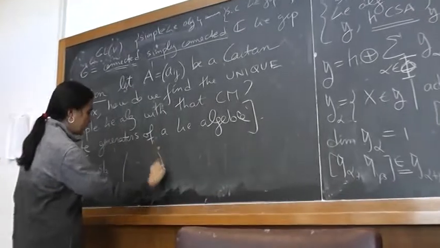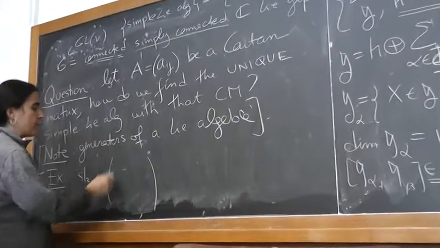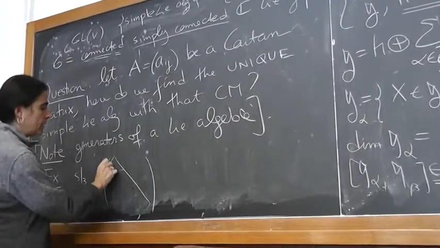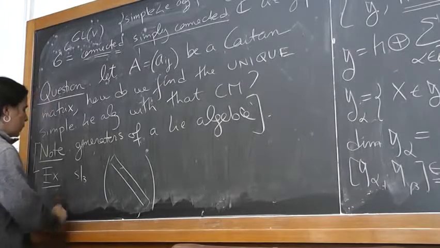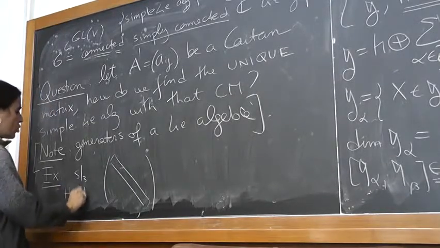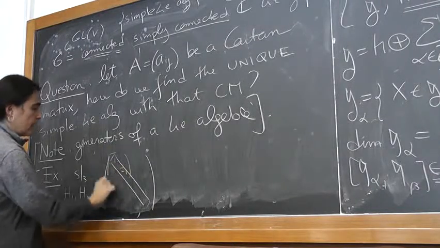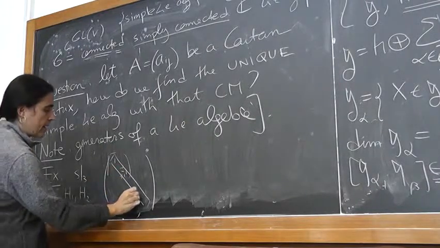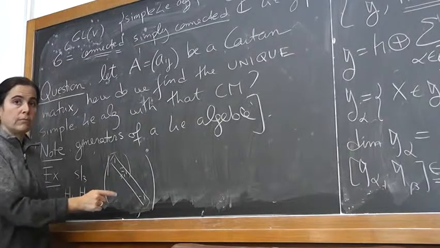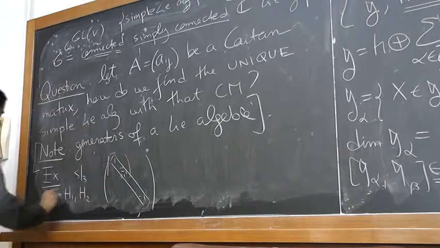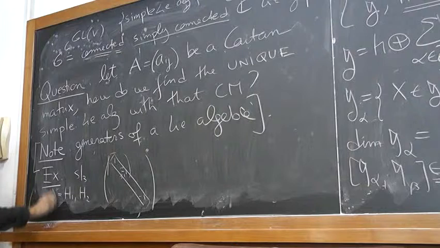If you look at SL3, take a basis for the diagonal, which are the Cartan, okay? Basis for the Cartan is H1 and H2. H1 is 1, minus 1.